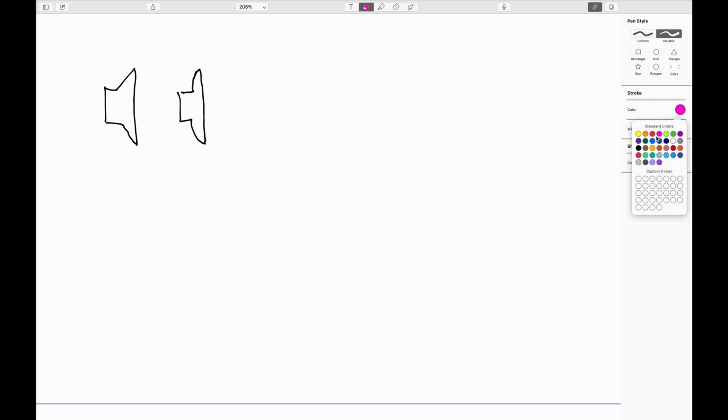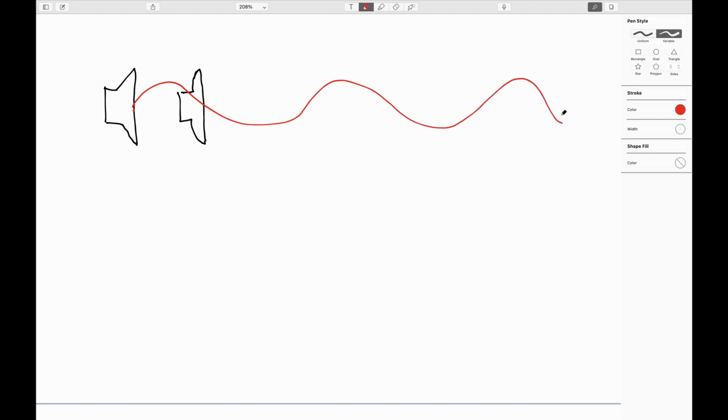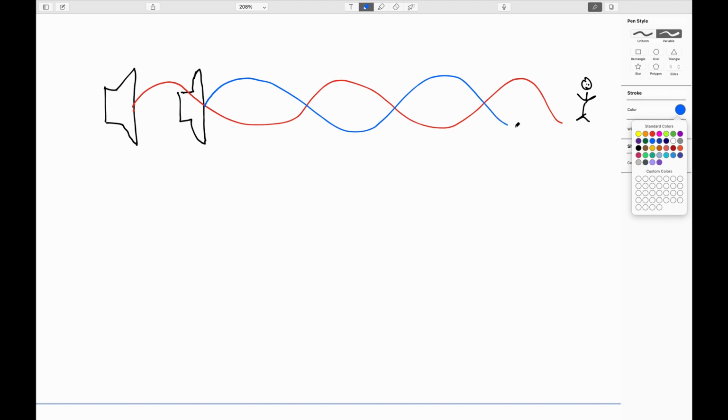So again, let's make this one here red, looking something like that. And let's go ahead and make this one blue. So you see here, I've always got crest meeting trough, and so they'll always cancel out, and I will end up with destructive interference.